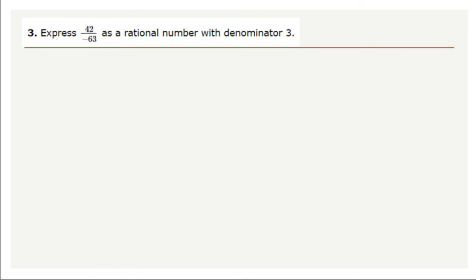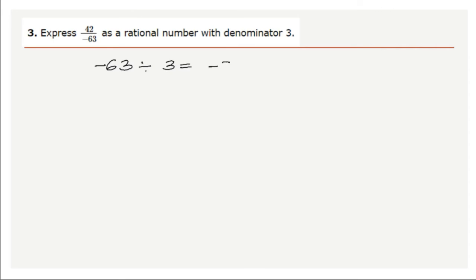Question 3. Express 42 upon negative 63 as a rational number with denominator 3. In order to find out which particular number should be considered to divide both the numerator and the denominator, let me consider negative 63 divided by positive 3.